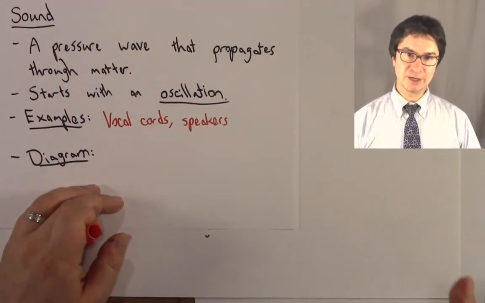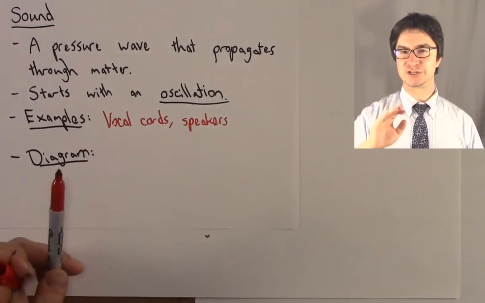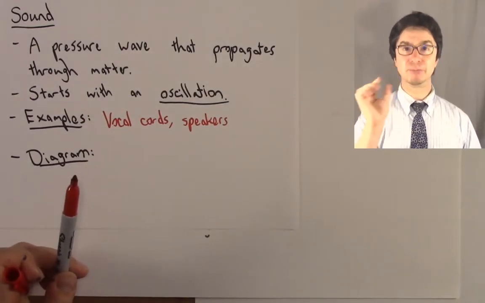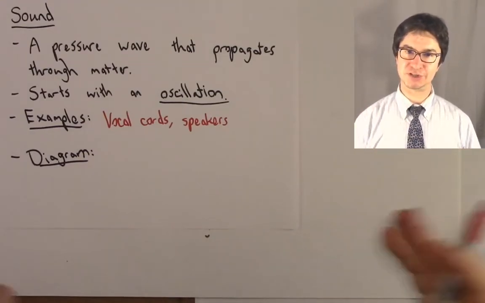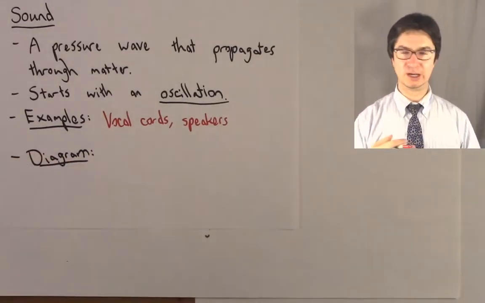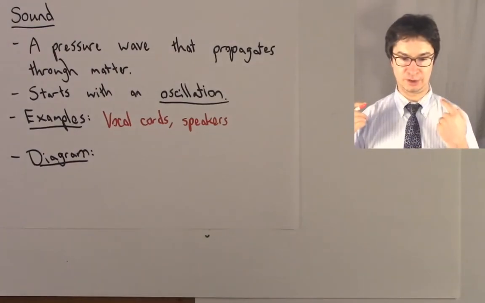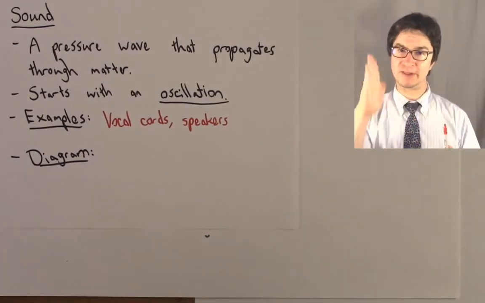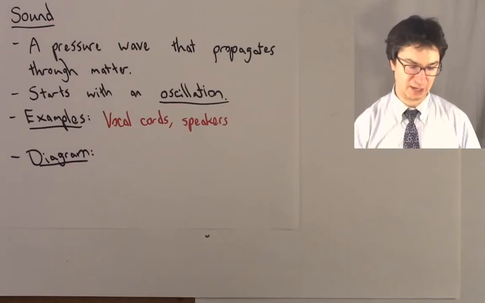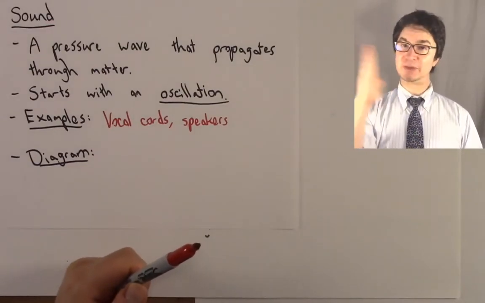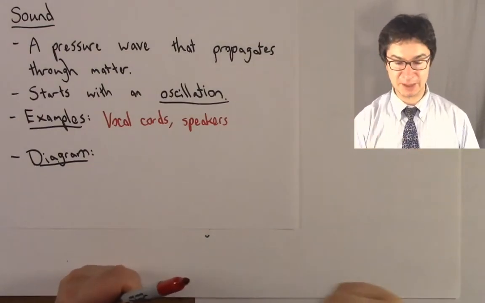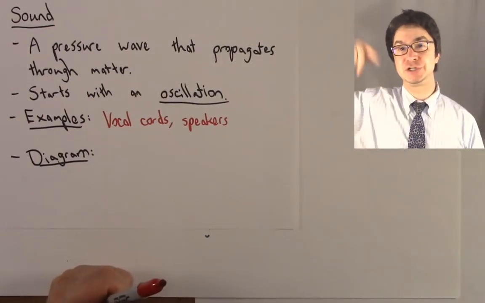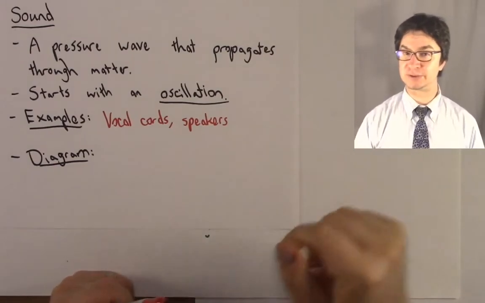If you look at a speaker, what you're going to see is this speaker cone, this very thin membrane that oscillates back and forth, and that's what produces the sound. Whether it's in your computer or on your TV or in your AirPods, there's always a little membrane that's oscillating back and forth that produces the sound. And then your eardrum picks up the oscillation. Your eardrum oscillates in response to the oscillation in the speaker, and then that transmits that frequency to your brain, and your brain interprets that frequency as pitch.